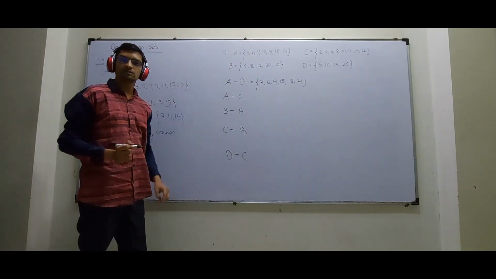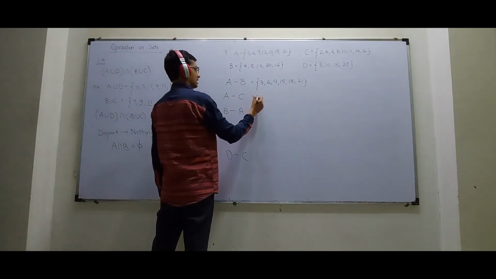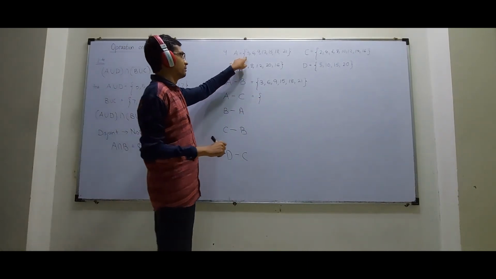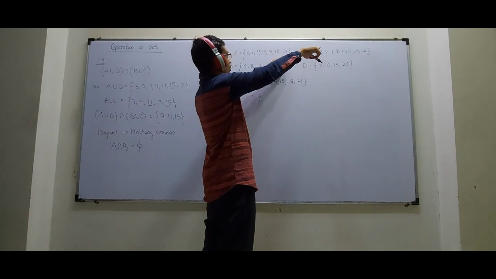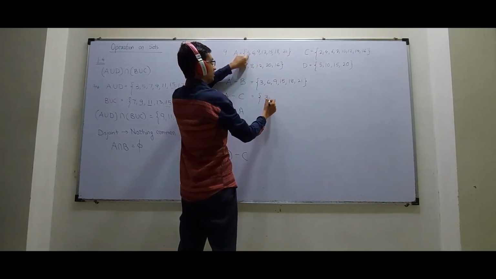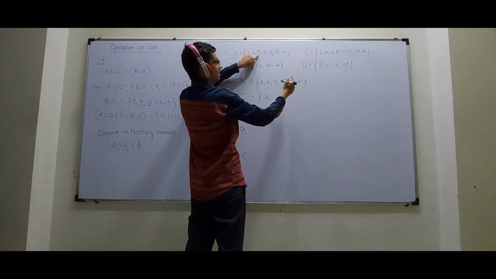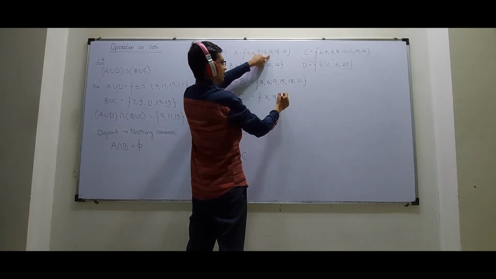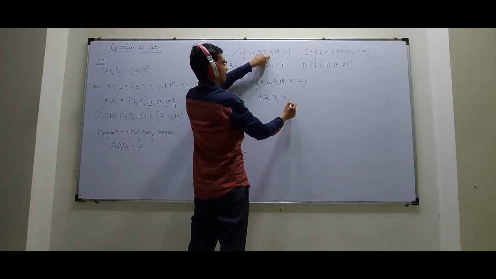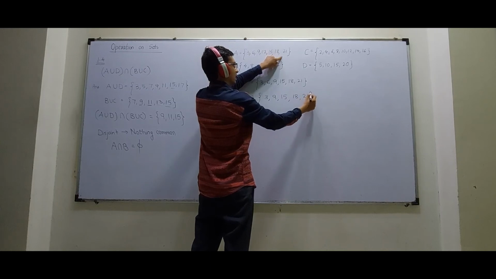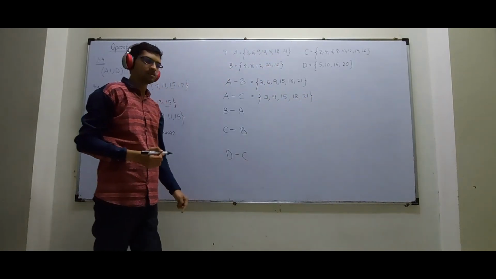This is A minus B, correct? Same I will go for A minus C. All elements from this which are not present over there. So 3 is not there, 6 is there, 9 is not there, 12 is there, 15 is not there, 18 is not there, 21 is not there. Okay, understood?